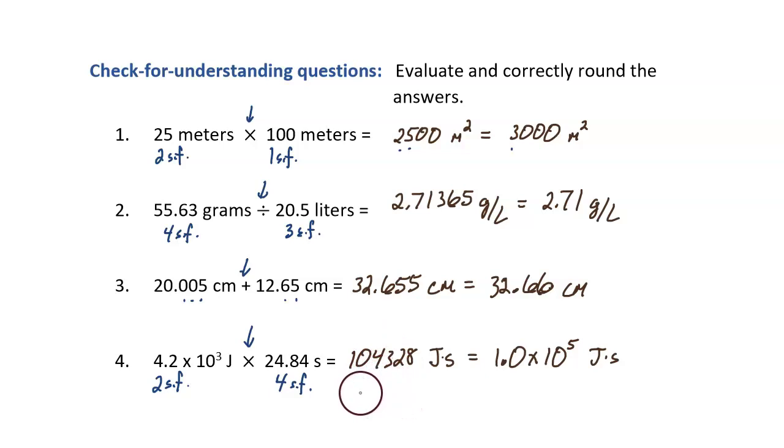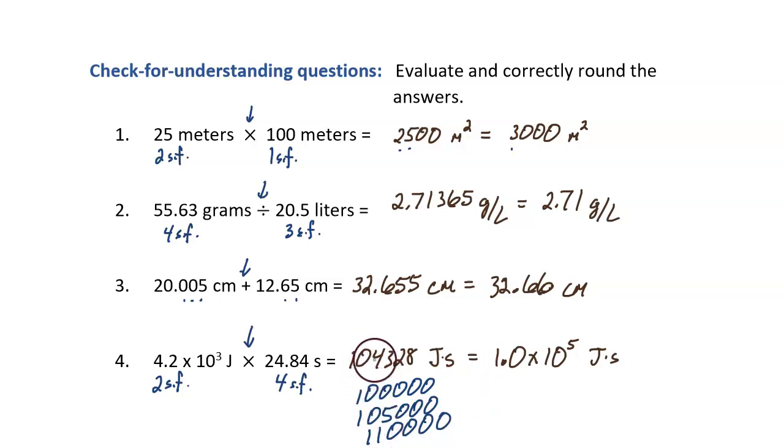Well, you can't round it to 1,000,000 because that only has 1 significant digit. And you can't round it to 1,050,000 because that has 3 significant digits. And it doesn't make sense to round this to 1,100,000 because what would be the reason you'd put a 1 here?